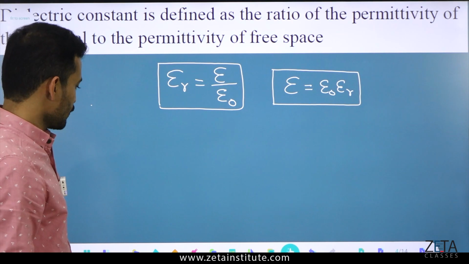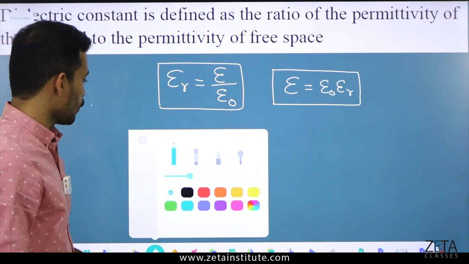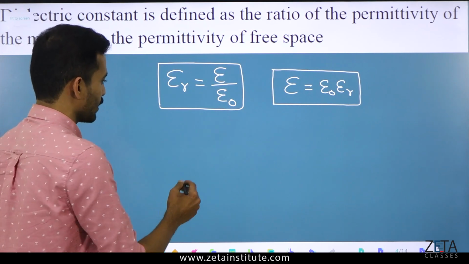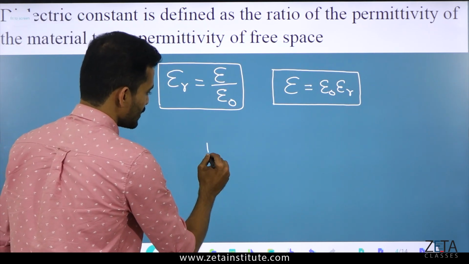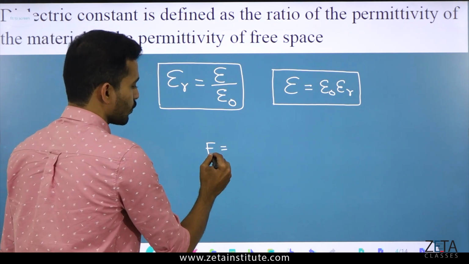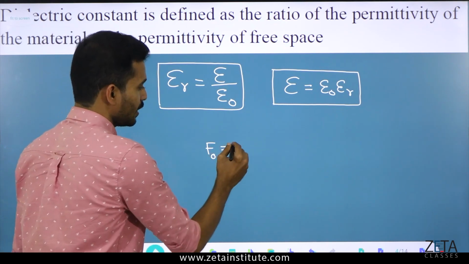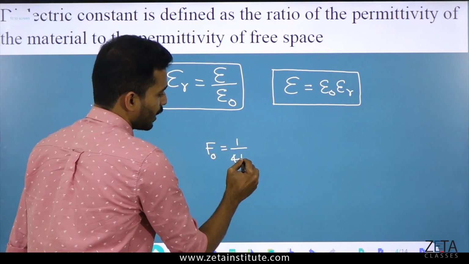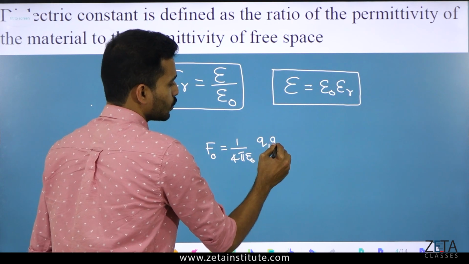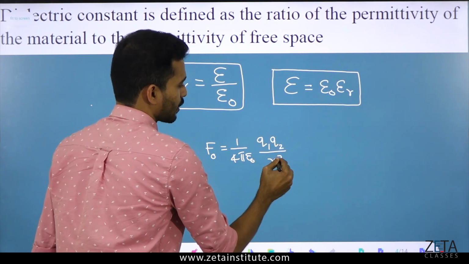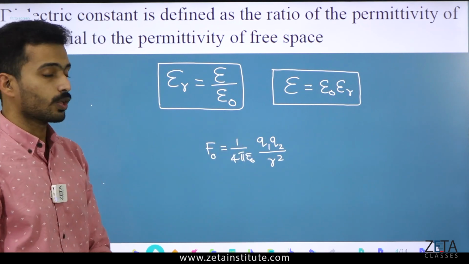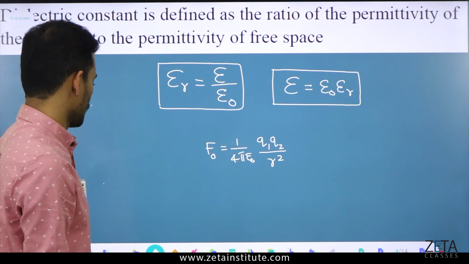We have already discussed the force acting between two charges when placed in air, so let us recall it. When we place two charges in air, the force is given by F naught, that is 1 by 4 pi epsilon 0 q1 q2 divided by r square.